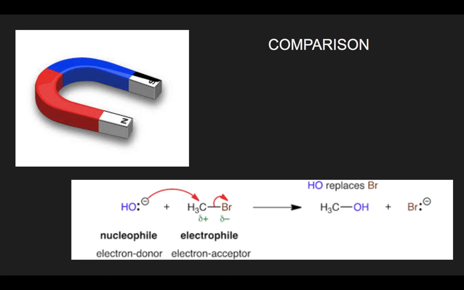In this type of reaction, the nucleophile donates the electron pair, and is therefore a negatively charged and electron-rich molecule. The electrophile, on the other hand, accepts the electron or electron pair, so it is usually a positively charged or an electron-poor molecule.